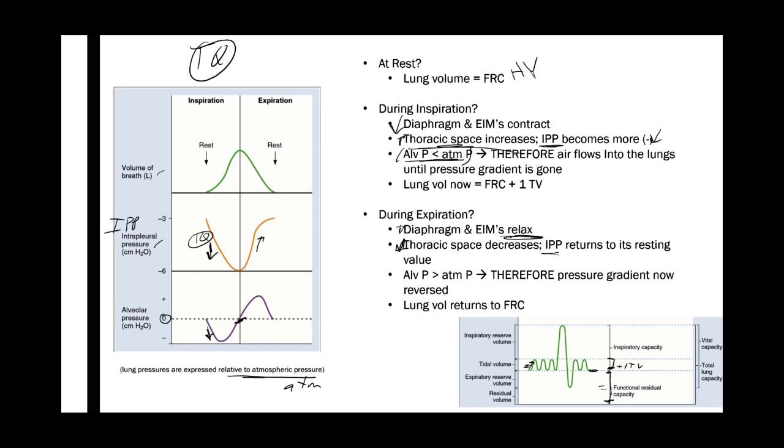Remember, at rest, it's still a negative pressure, but when you inhale, that pressure becomes more negative, and then when you exhale, it returns to that resting pressure. In the alveoli, the pressure increases relative to atmospheric pressure, so the pressure gradient is reversed. Everything's the opposite, so air wants to flow out. You want to exhale. And the lung volume returns to the FRC.